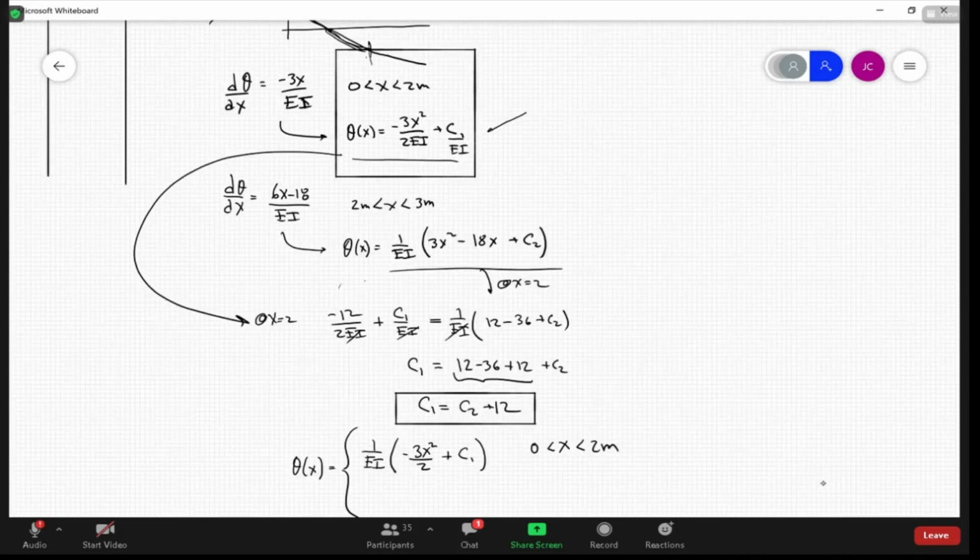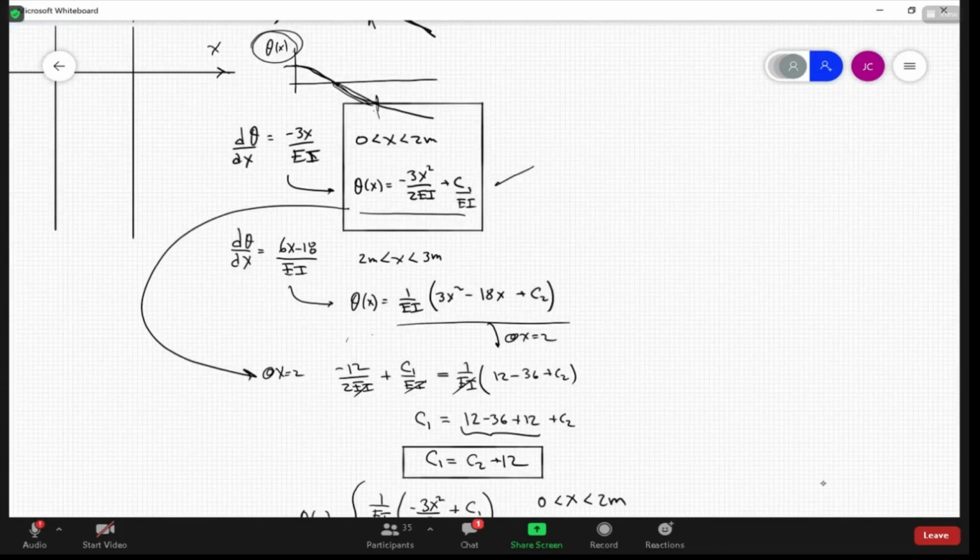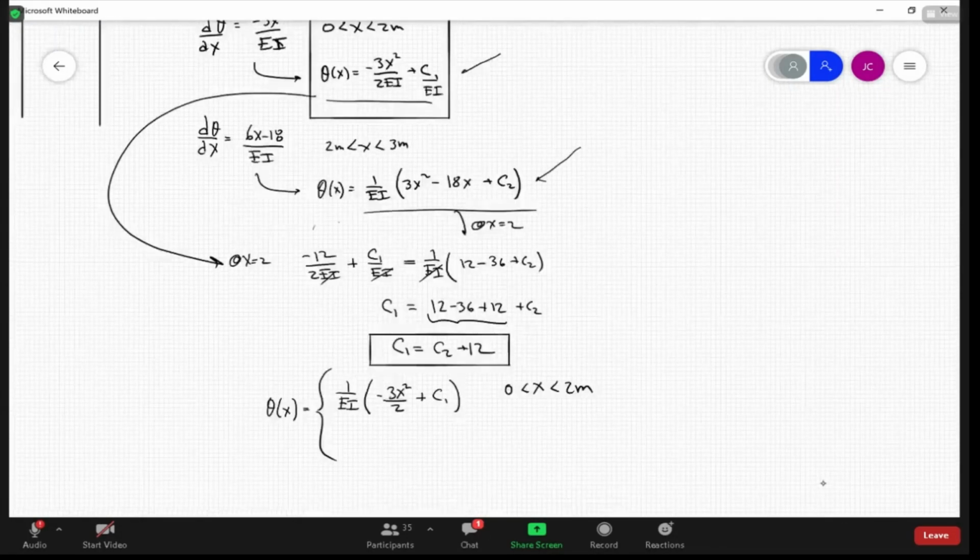This one, right? But we know C2 in terms of C1. So this is going to be 1 over EI, 3x squared minus 18x plus C2, but we know C2 is C1 minus 12, right?